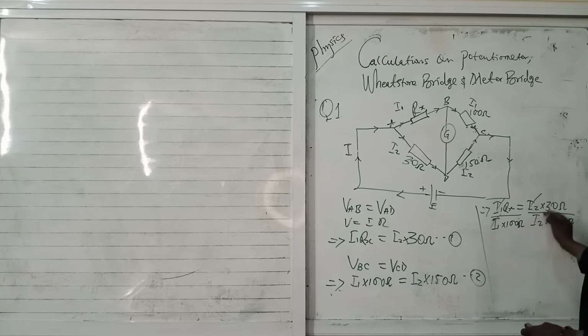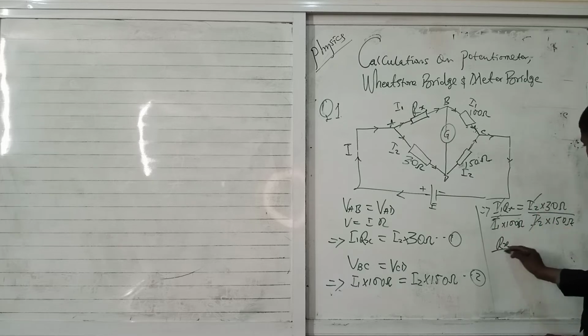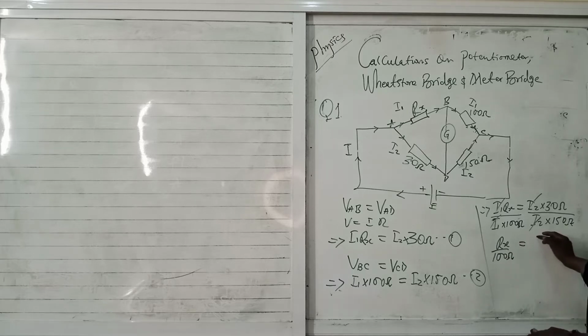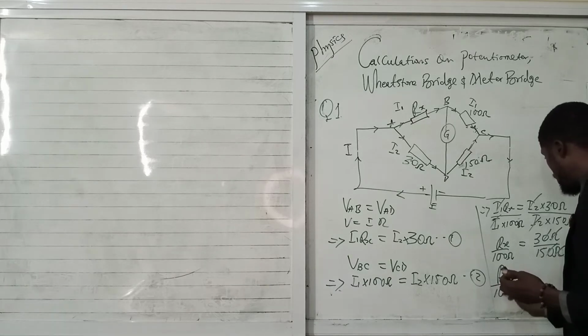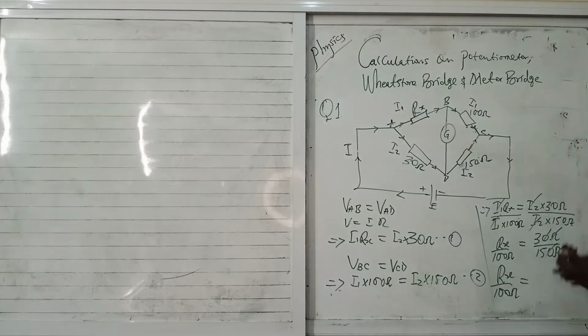This will cancel this, and this will cancel this. Of course, this 0 will cancel this 0, and this ohm will cancel this ohm. You have Rx over 100 ohm is equal to 3 over 15, which is 1 over 5.